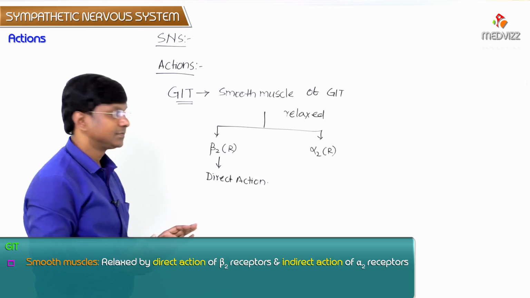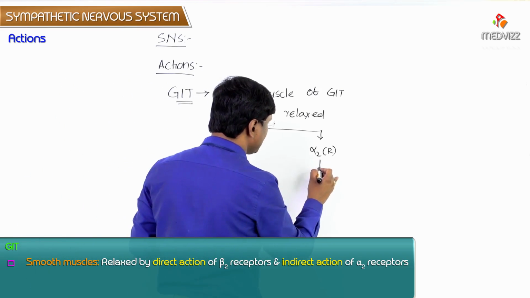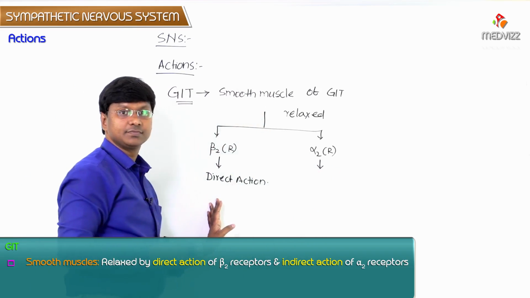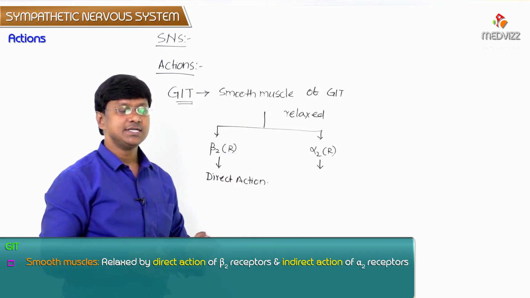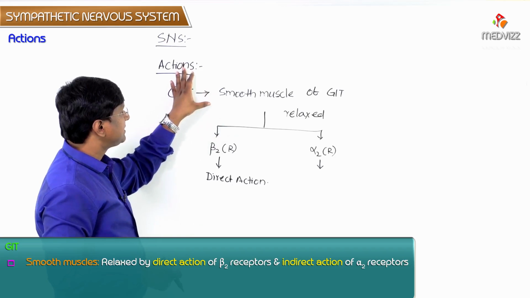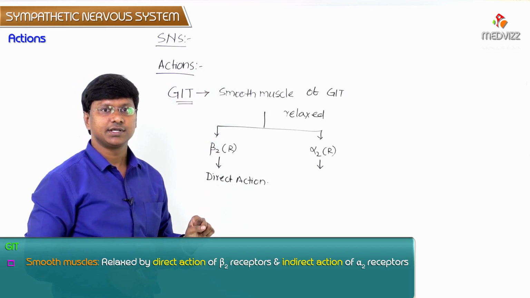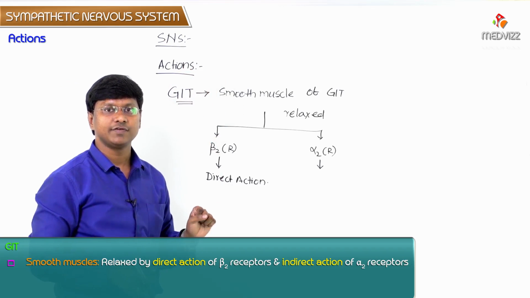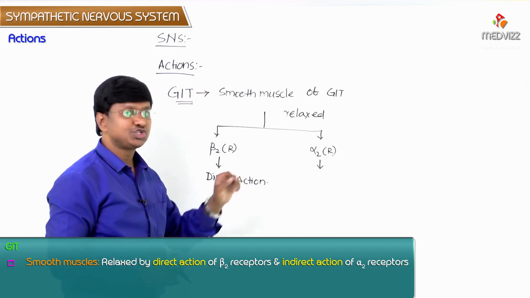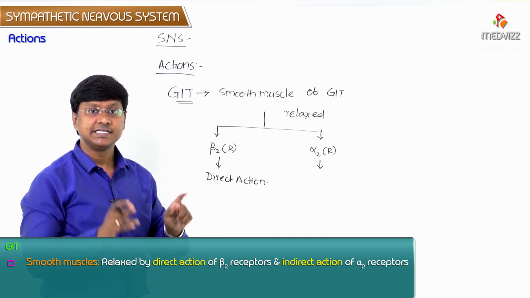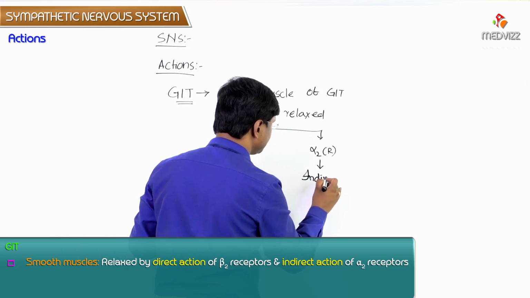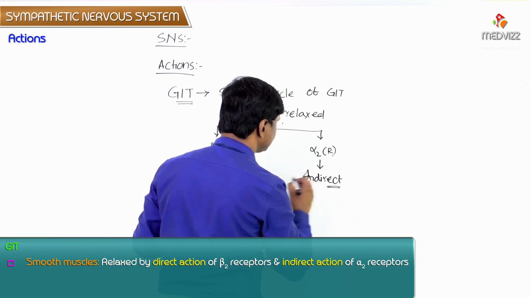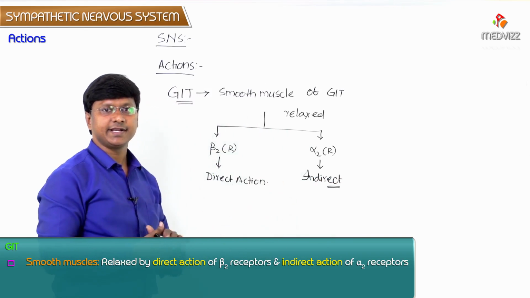Whereas, the sympathetic nervous system will cause the relaxation of the smooth muscles of the GIT by stimulating the alpha 2 receptors. This is an indirect action.